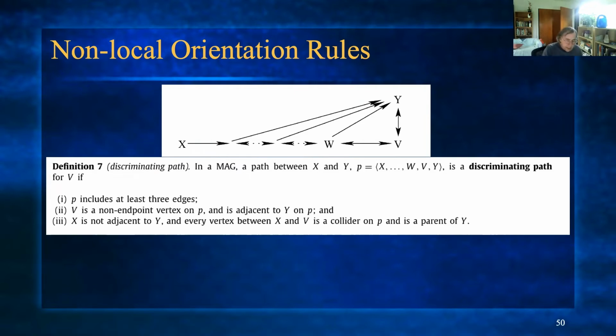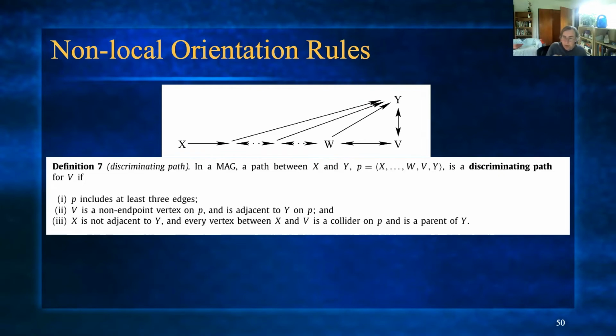So you may remember that for DAGs, all of the structure that we can get out of the independence model really comes from local information around a variable.